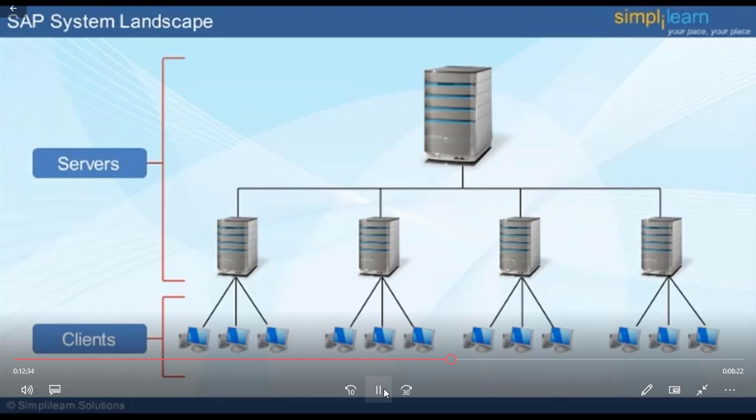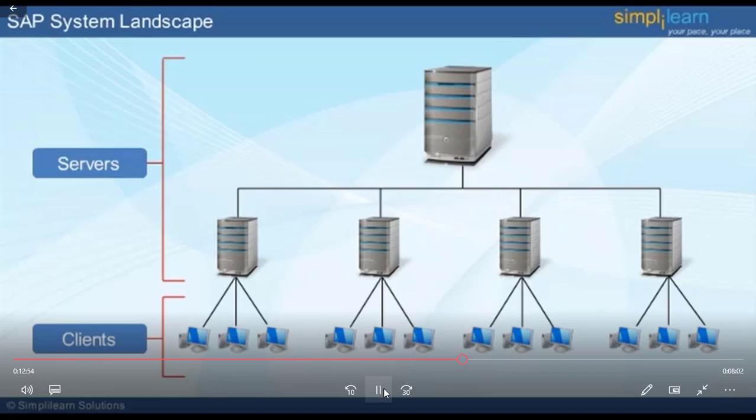When it is decided which clients are required and which roles are needed, how to allocate them amongst the different SAP systems needs to be decided. Multiple clients can be created independent of one another in a single SAP system.